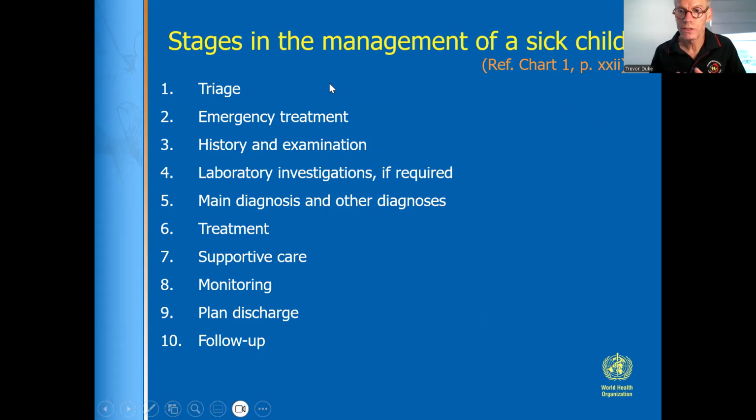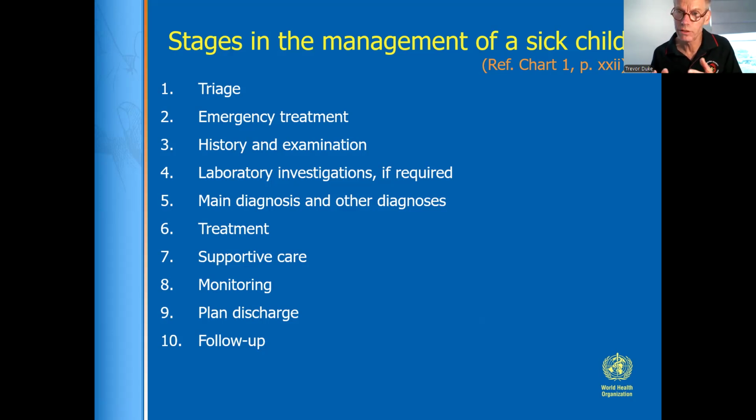All hospitals, all clinics should have some system of triage so that children don't have to wait excessively long when they're very unwell. Triage is a form of sorting of patients. It's sorting out those that have emergency signs from those that have priority signs, and those who have neither and can wait a bit longer.